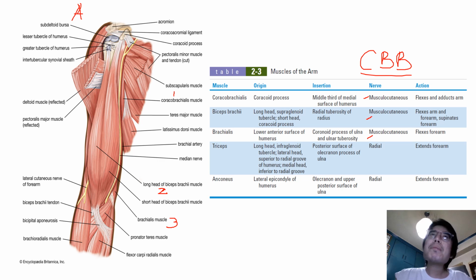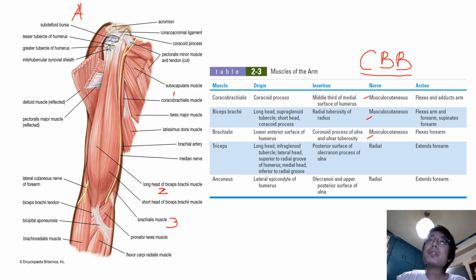The triceps is not shown here because it is located posteriorly in the posterior compartment of the arm, but its origin is the long head from the infraglenoid tubercle, the lateral head superior to the radial groove of the humerus, and the medial head inferior to the radial groove.